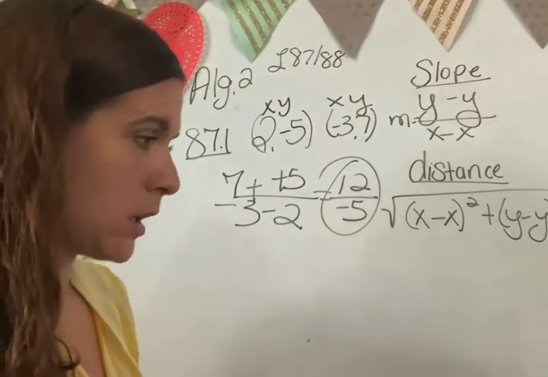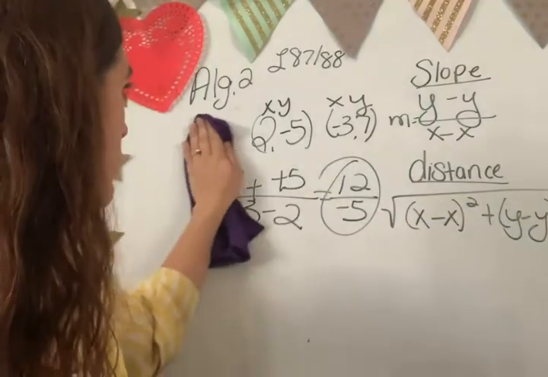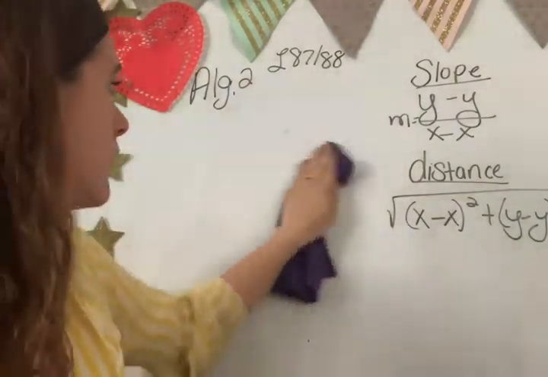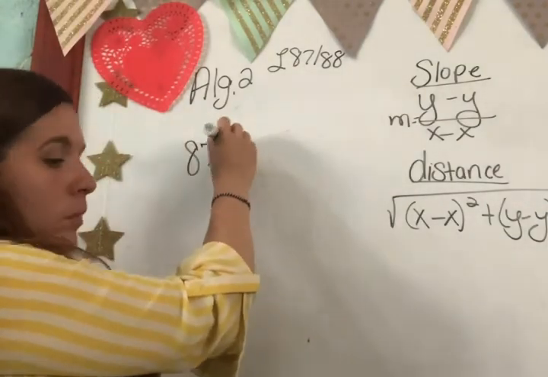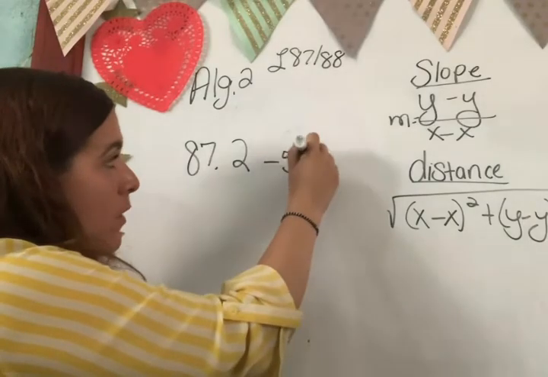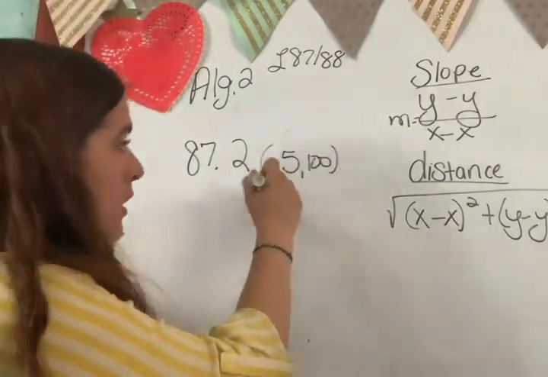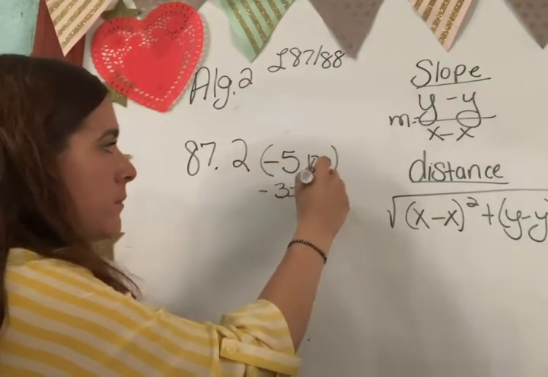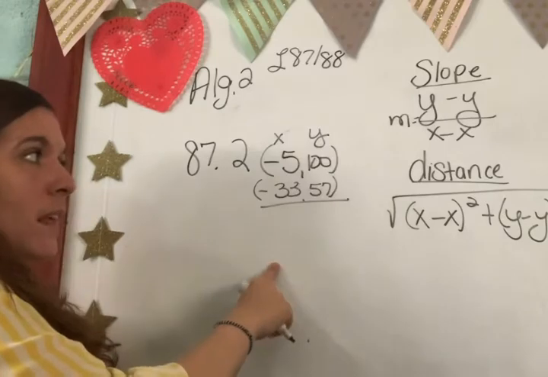Look at example 2. Use the slope formula to find the slope of the line that passes through (-5, 100) and (-33, 57). Okay, so you could do it like this as well.